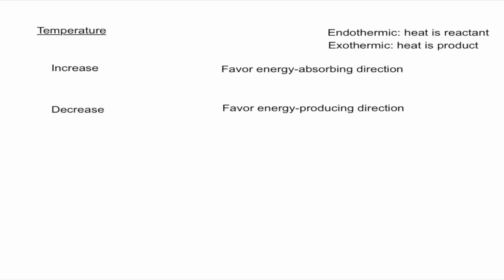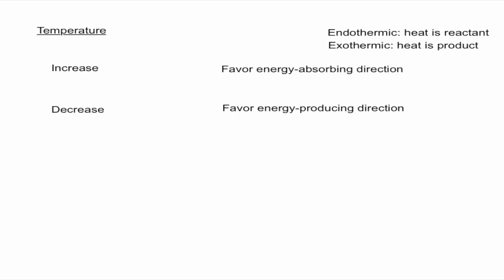You need heat to be absorbed for the reaction to occur, so heat is part of the reactants. If you have an exothermic reaction, you will form heat, so heat is in the product. So you will have to write heat in your reaction, and depending on what you see your enthalpy to be, if it's negative it's exothermic, if it's positive it's endothermic, and you will know whether heat is in the reactants or the products.